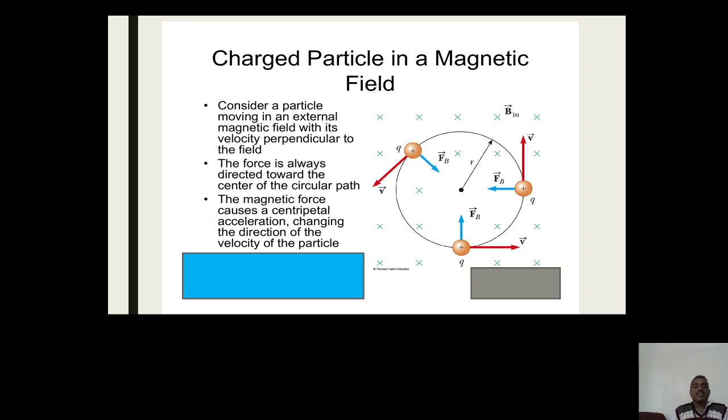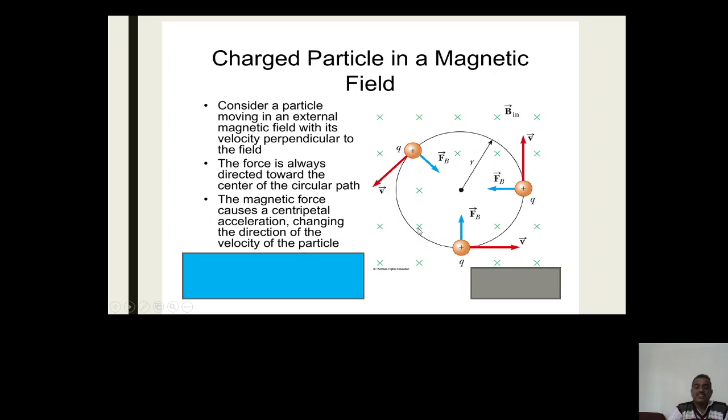Before going to the actual topic, we need to understand some basic terminologies. How do charged particles move in a magnetic field? This is a uniform magnetic field, and a charged particle is placed in it. The charged particle moves with a velocity v perpendicular to the magnetic field, and the force is always directed towards the center of the circular path.